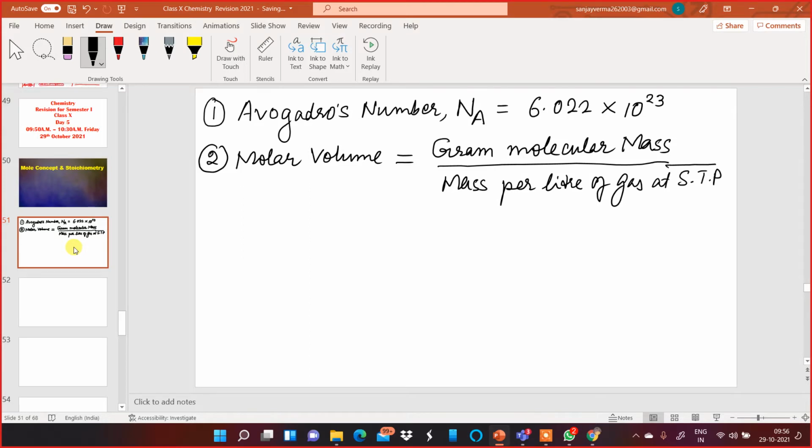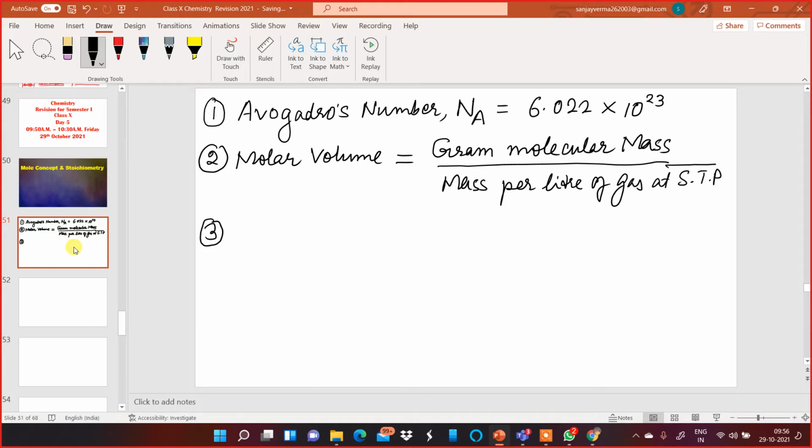Then the next thing, number 3. Yes sir, for mole concept and stoichiometry, percentage composition, empirical and molecular formula is cut out of the syllabus. Very good, excellent, thank you for reminding me.